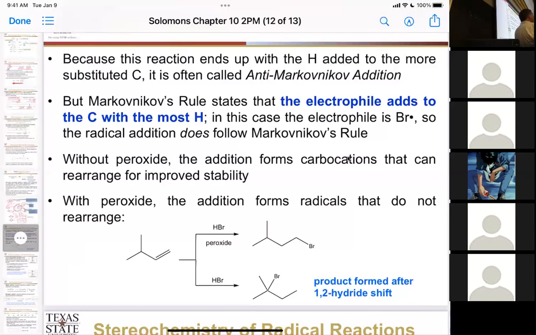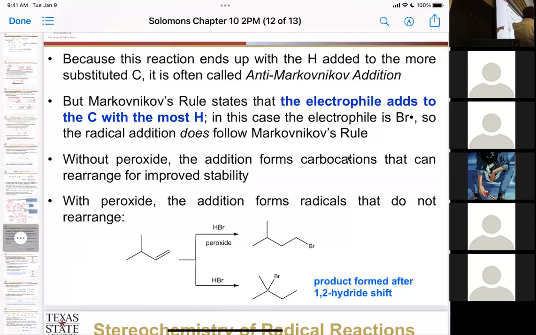We've changed the role of bromine in our system. The hydrogen was the electrophile without peroxides. The bromine is the electrophile with peroxides. So really, it does follow Markovnikov's rule. But remember it as giving the anti-Markovnikov product, even though it is following Markovnikov's rule.